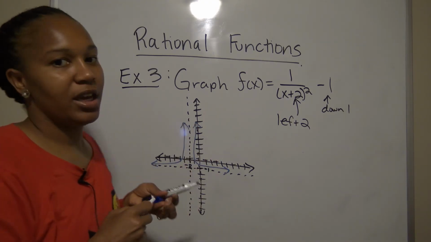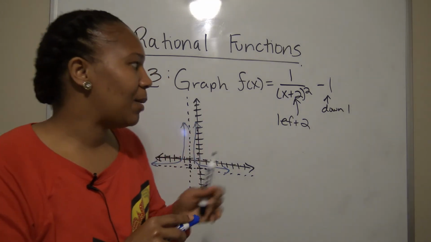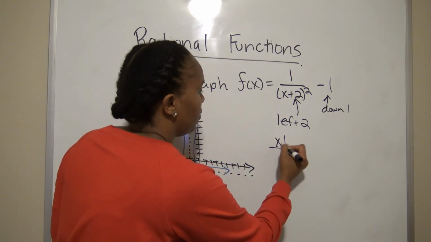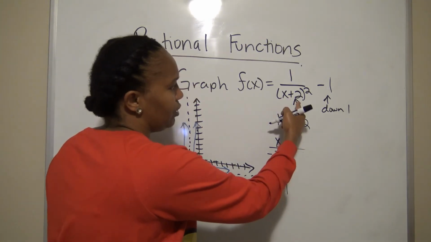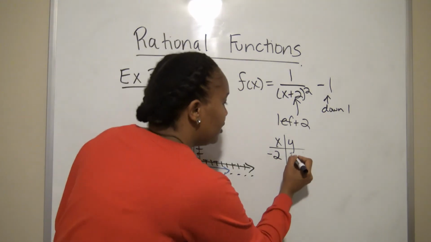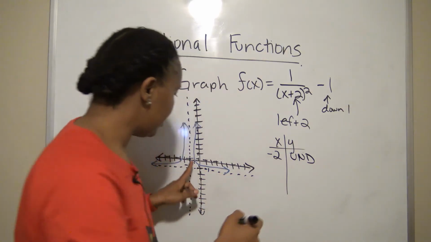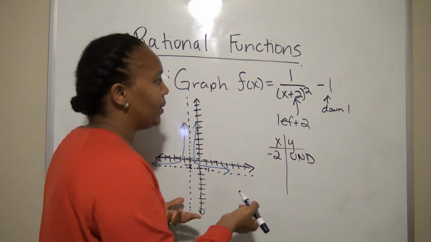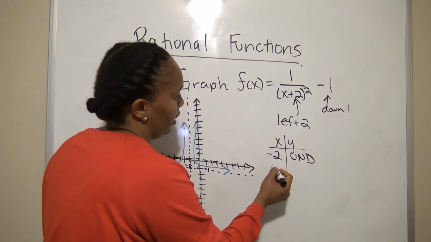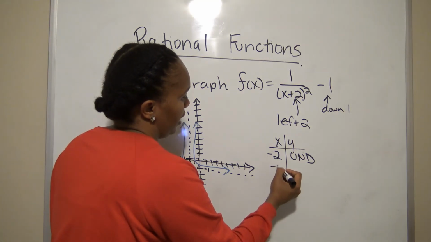If I wanted to get more accurate points, I could get those by plugging in numbers. I could plug in negative 2. Negative 2 plus 2 is 0. 1 over 0 is undefined. So that's why my vertical asymptote is at negative 2. I could plug in negative 1.